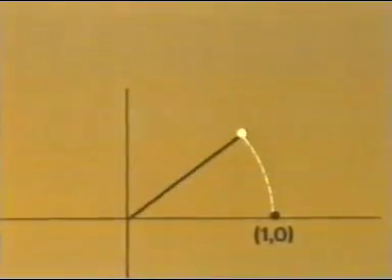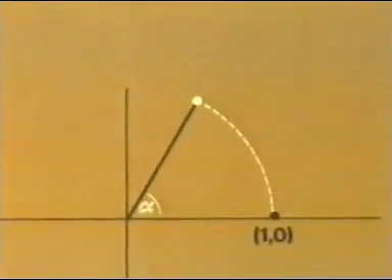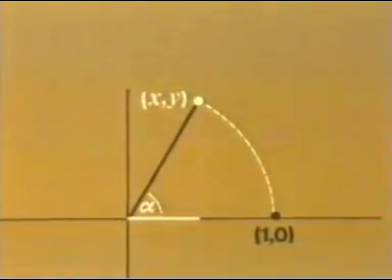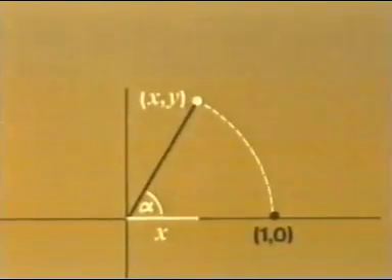This is the point, and this is the angle alpha. We'll call the new point x, y. What are x and y? The horizontal coordinate is x, and the vertical coordinate is y.